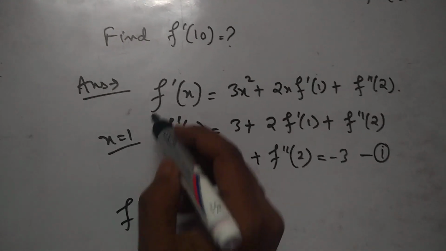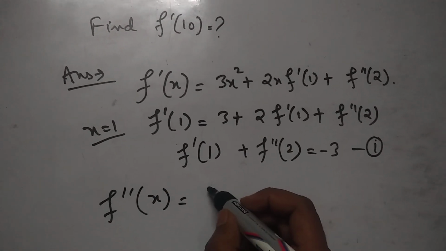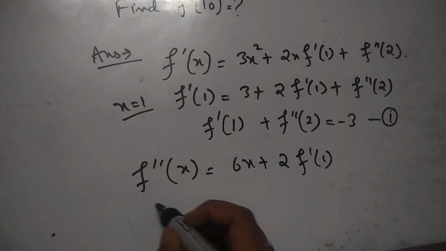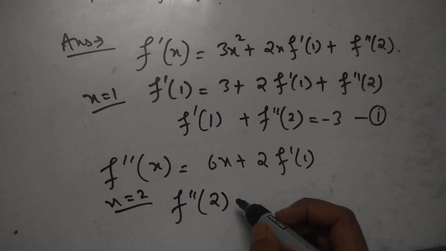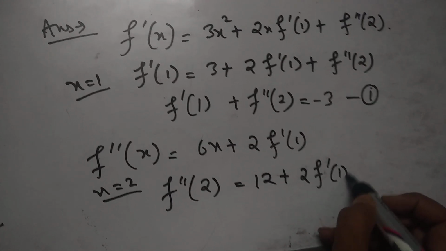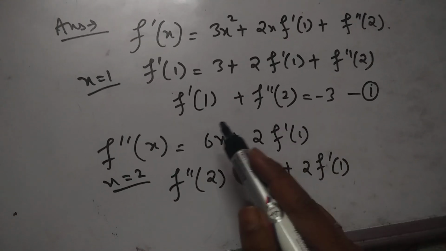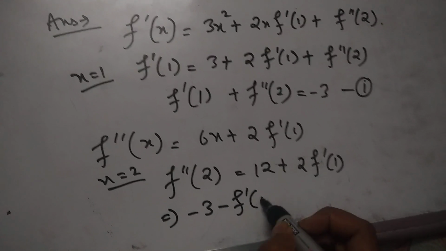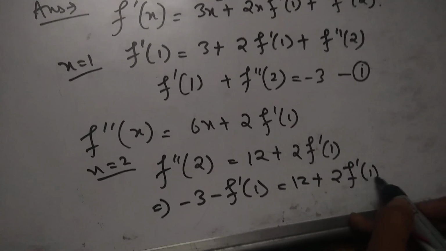Now we can differentiate this function one more time. So we'll get 6x plus 2 f'(1). Now plug in x equal to 2. f''(2) equal to 12 plus 2 f'(1), right? Now we know f''(2) in terms of f'(1) is minus 3 minus f'(1), which equals 12 plus 2 f'(1).